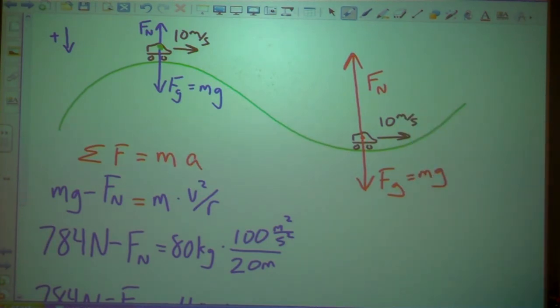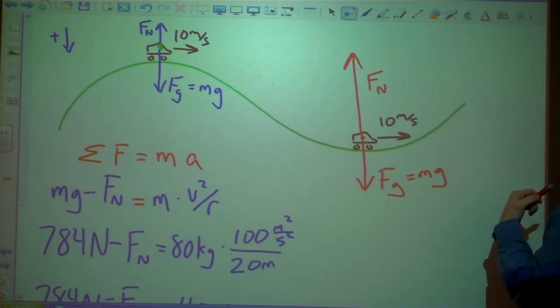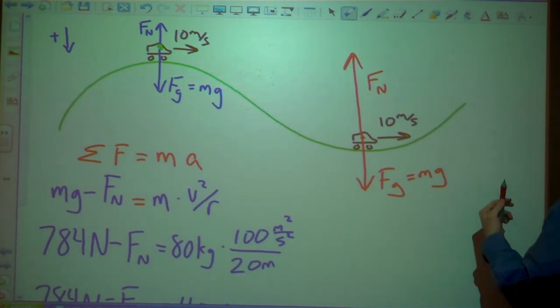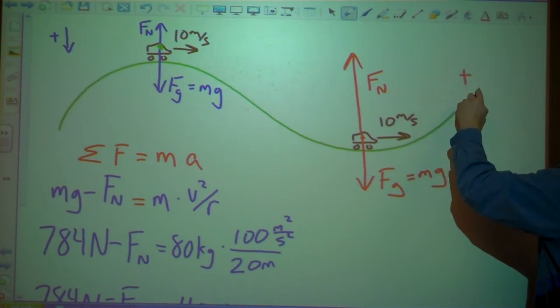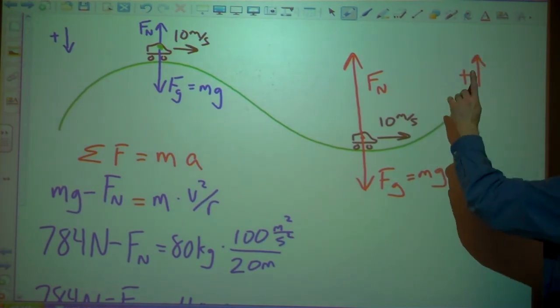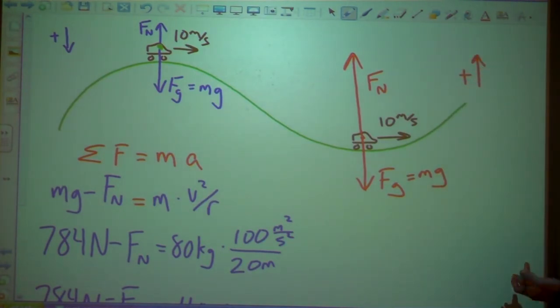And using the same kind of reasoning as I did on the first question, I'm going to choose up as my positive direction, towards the center of the circle. Again, it's just because I don't want to make mistakes about negative signs, and I know that about myself, that I'm pretty likely to make a negative sign error if I don't do it this way.